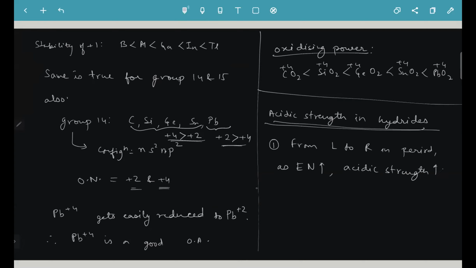For example, comparing acidic strength between CH4, NH3, H2O and HF: HF is a stronger acid than H2O, which is stronger than NH3, which is stronger than CH4.